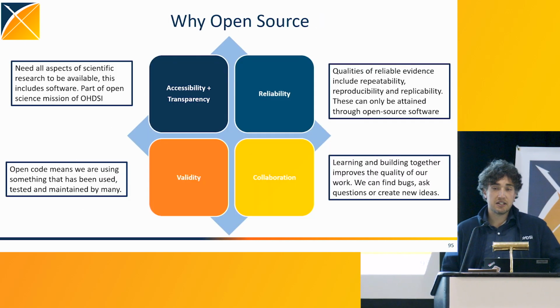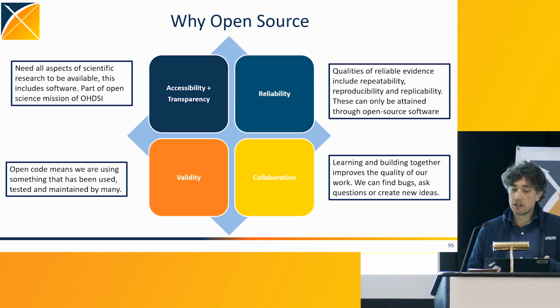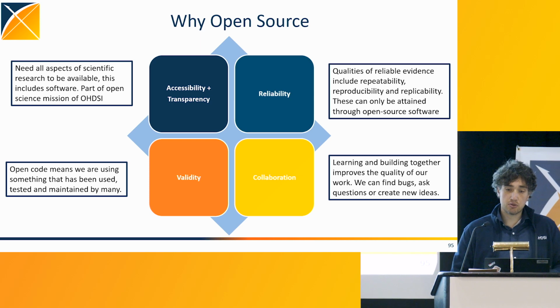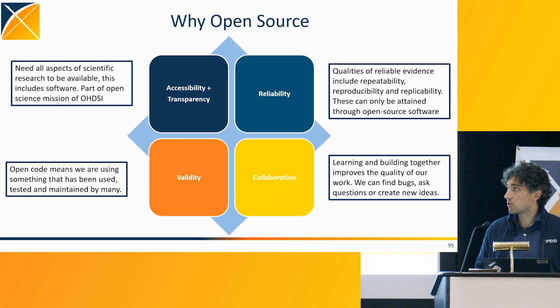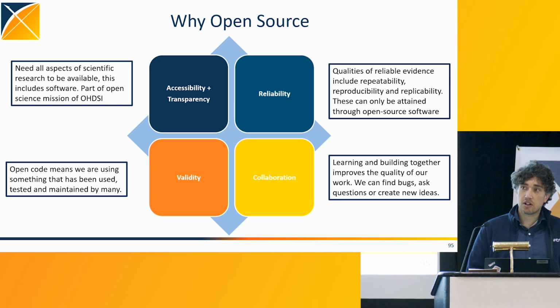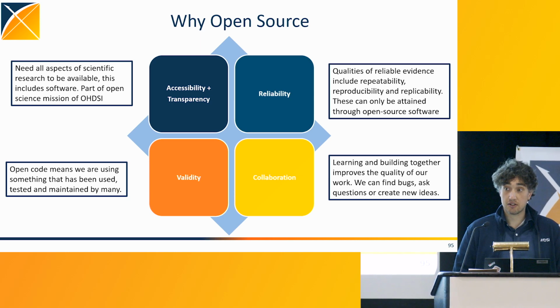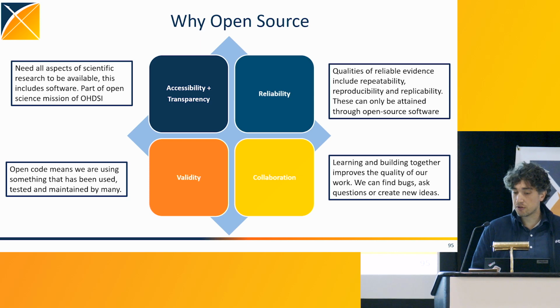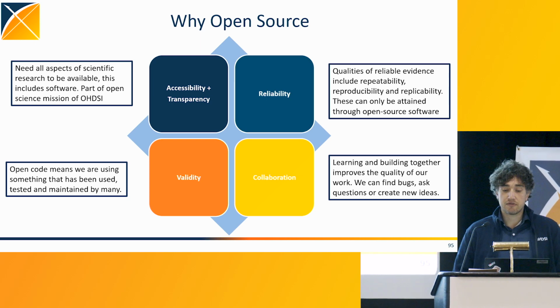So why are we open source? We need accessibility, so anyone can have access to the tools that we want to use. Transparency, so nothing to hide. We can audit these tools. We can make sure they're not some weird black box, because black boxes don't work in our field. Reliability, we can trust what the software is doing. So it says it's doing something, and it's actually doing that, and it's tested for doing that. Validity, we're using real methods that have been published in peer-reviewed journals, things that we can trust, like the mechanics of our statistical models or the way that we're extracting this information.